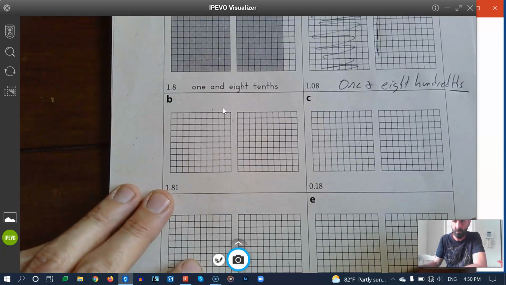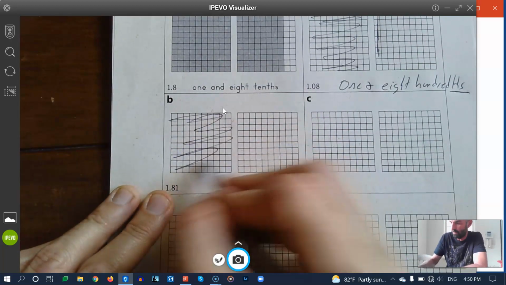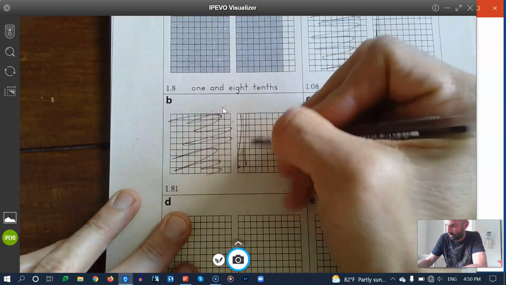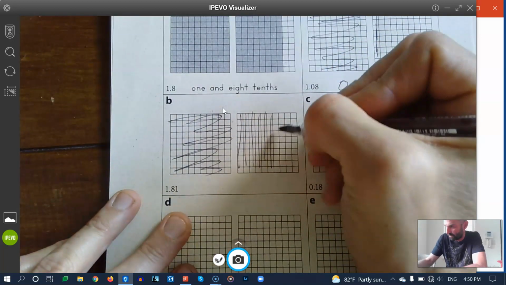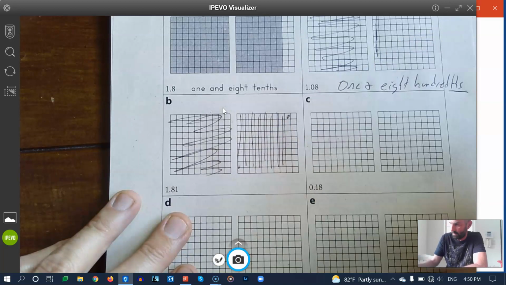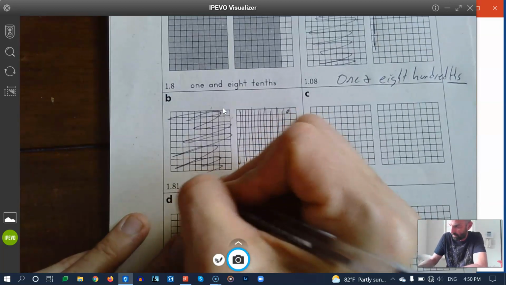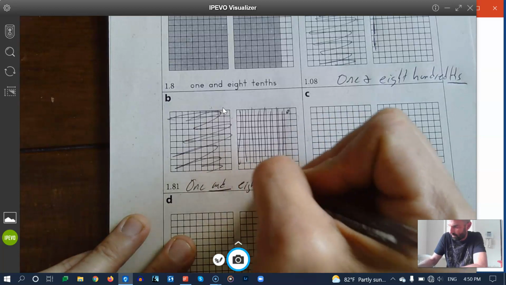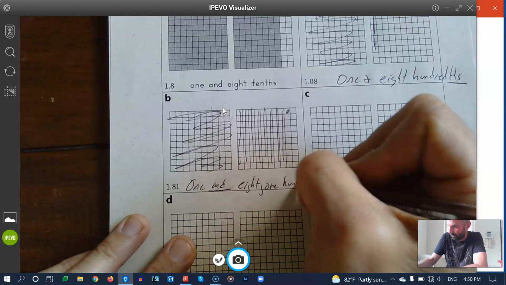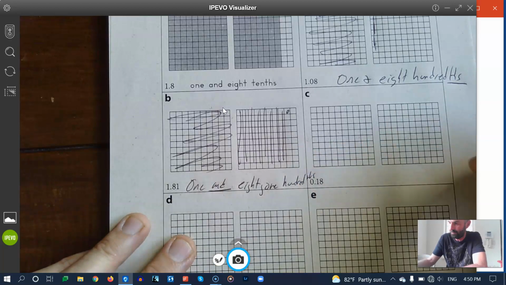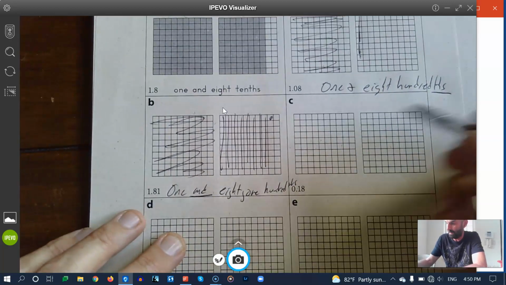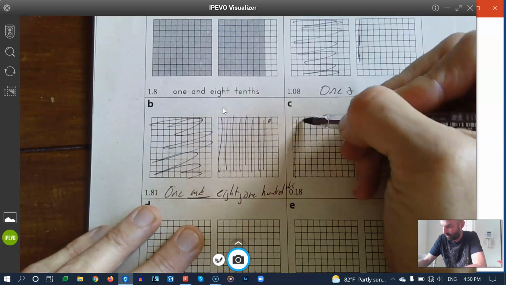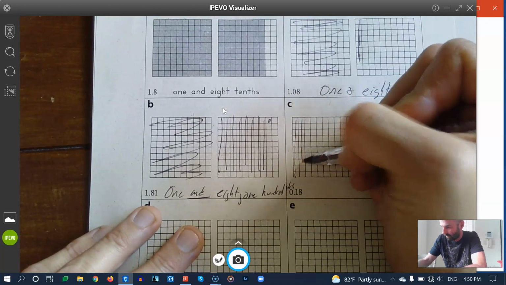B, 1 and 8/100ths. So we have this one whole, 8/10, 1, 2, 3, 4, 5, 6, 7, 8/10, and 100ths, 1 and 8/100ths. Man, they don't give you a lot of room. All right, this is 18/100ths, so that's just 10 here and 8 there.